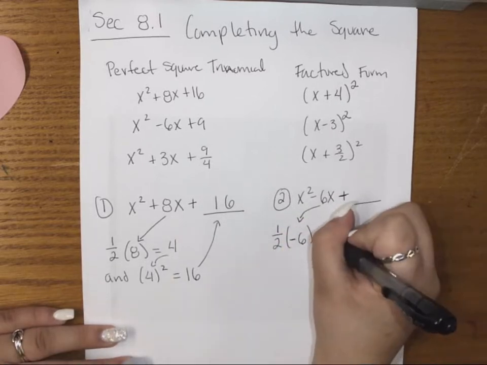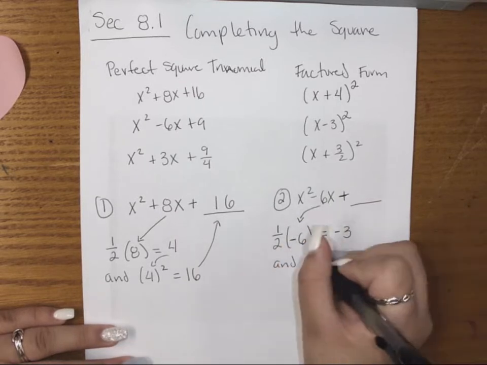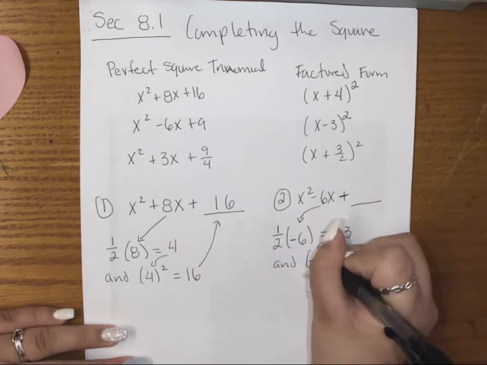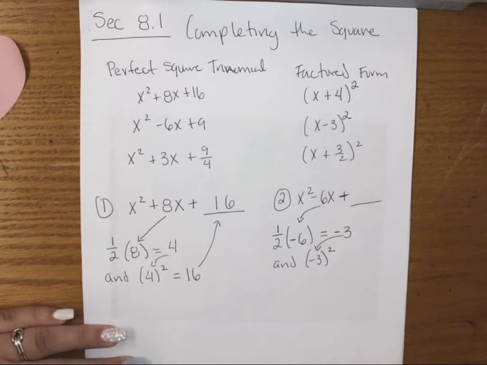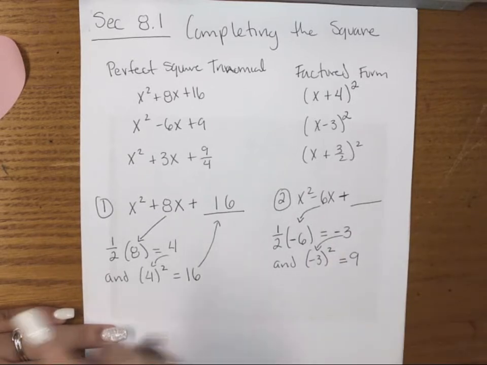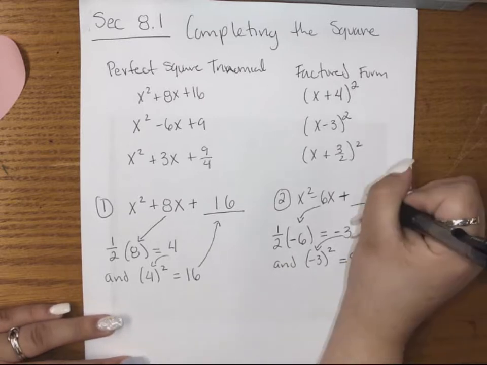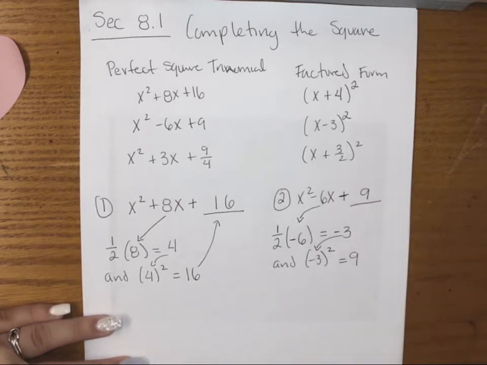So half of negative 6 is negative 3. Then you have to take your negative 3 and square it. So negative 3 squared gives us a positive 9. So the value we're adding here to make it a perfect square trinomial is positive 9.